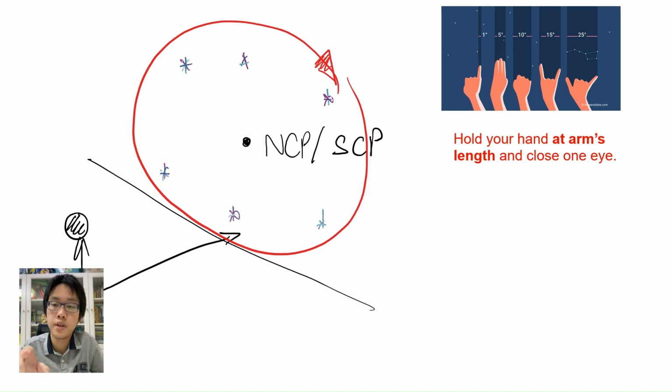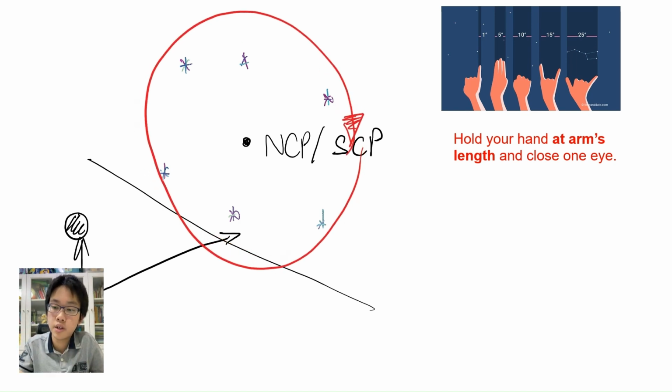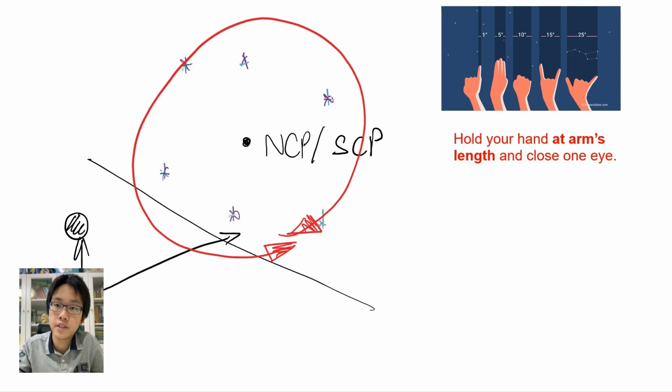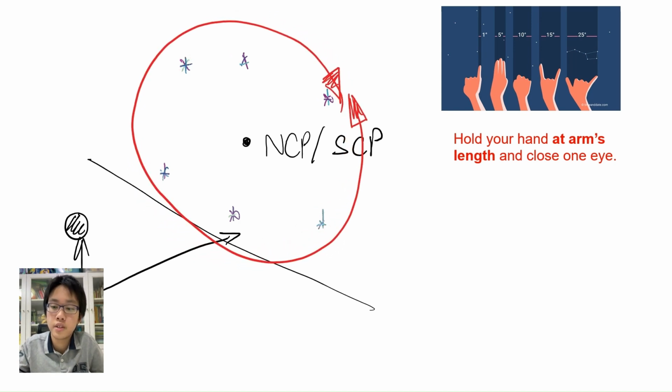If it's the North Celestial Pole, the stars would circulate like this, and if it's the South Celestial Pole, they would circulate backwards right there. They circulate all day, and they won't go off the ground.